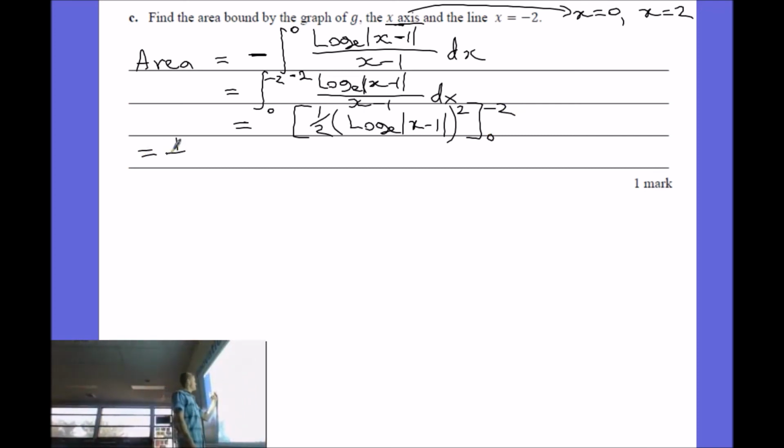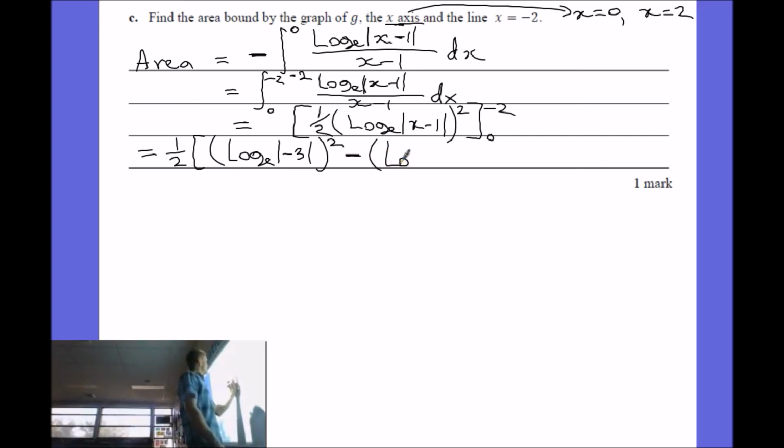Well, let's just take this half out. So we'll have log modulus of minus 3 all squared, subtract log modulus of minus 1 all squared.